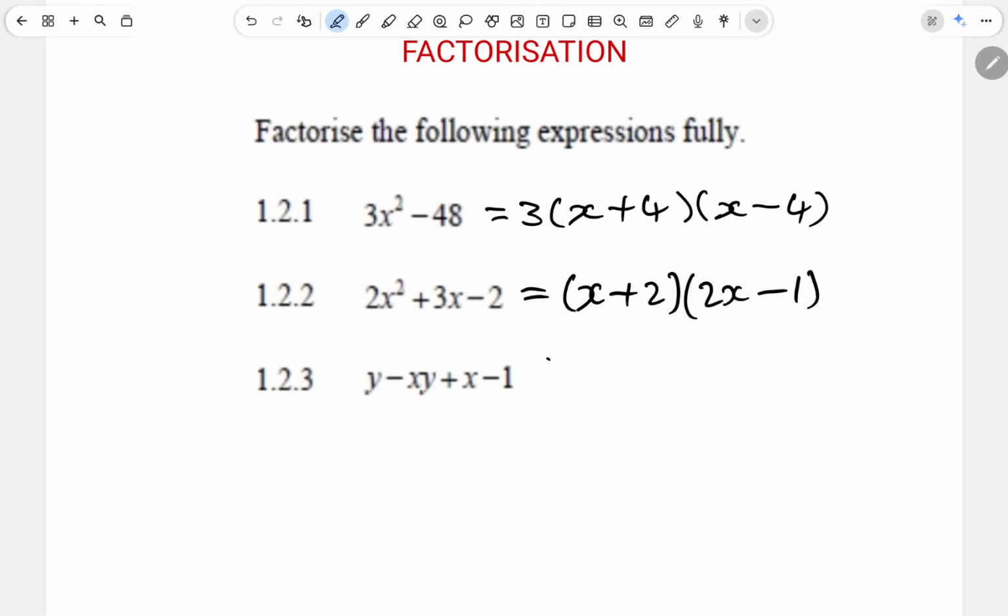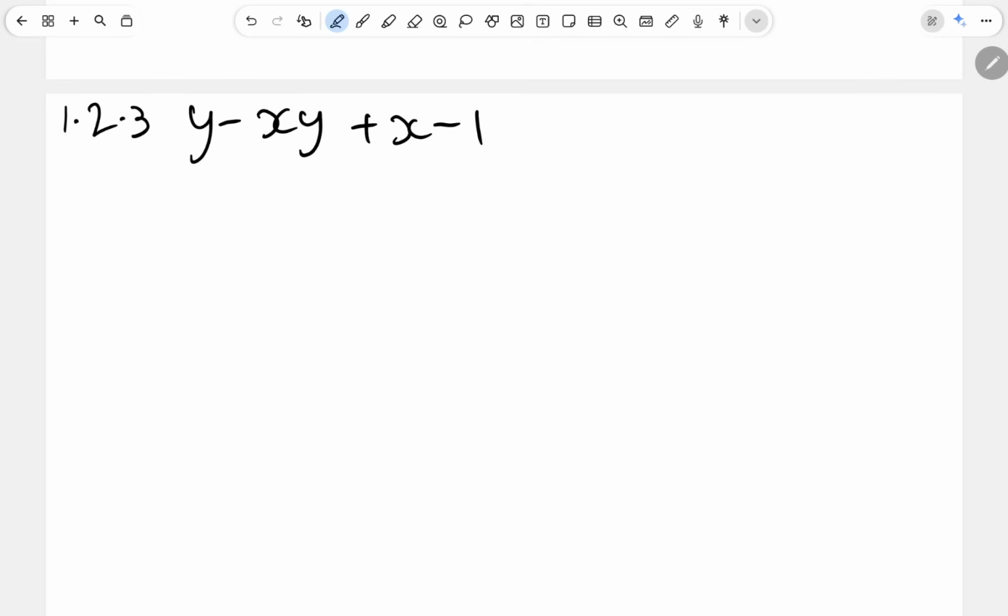Now let's move to the final expression. When you see 4 terms, think grouping immediately. Step number 1, we will group the first 2 and last 2 like this.